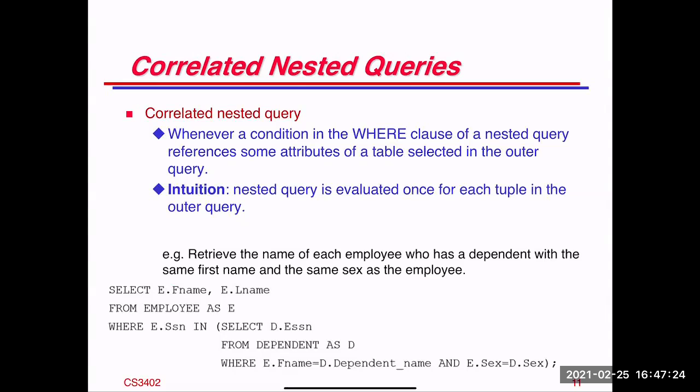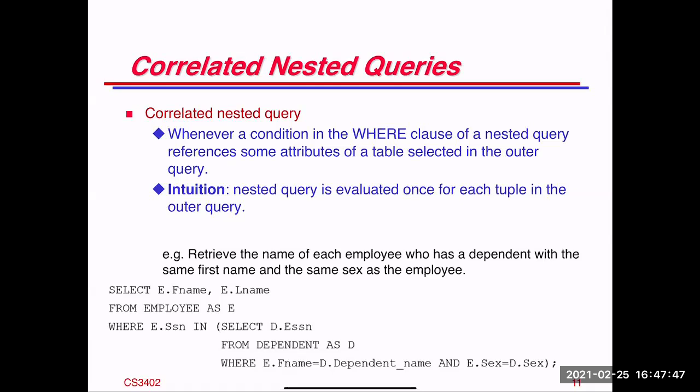Okay, so how do we think about this correlated query? Because now we can't just dissect this by looking at the nested query here, because you can see that it actually references some attributes of the table from which we're retrieving data in the outer query, right? We have an E dot here.